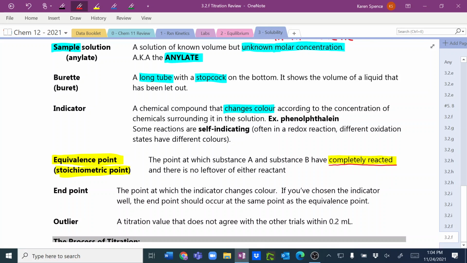So if I put 10 moles of my HCl into the flask, how much NaOH would I have had to add? It's a 1-to-1 reaction, by the way. I would have had to put in 10 moles to get it to react perfectly, okay? And if I had a 2-to-1 ratio, I would have had to put in twice as much, yes?